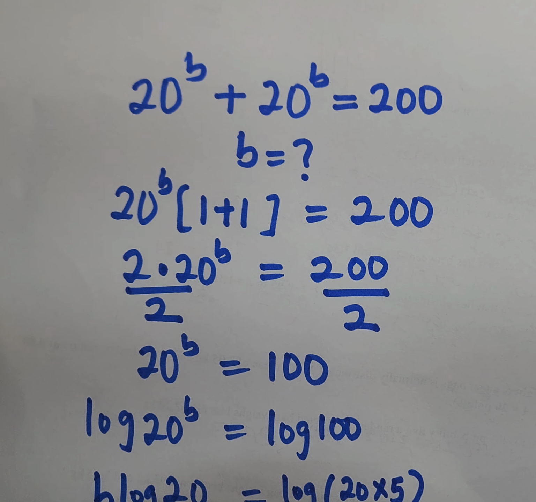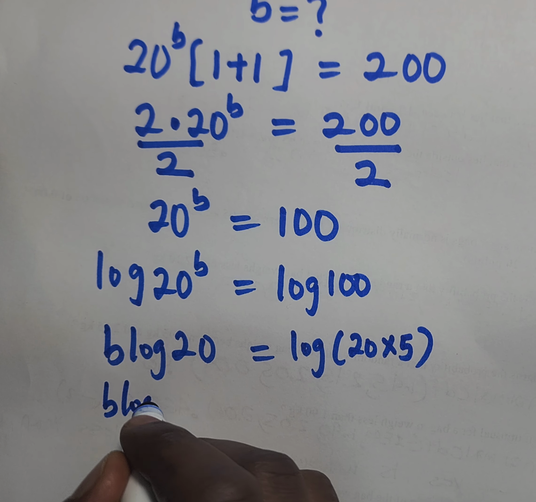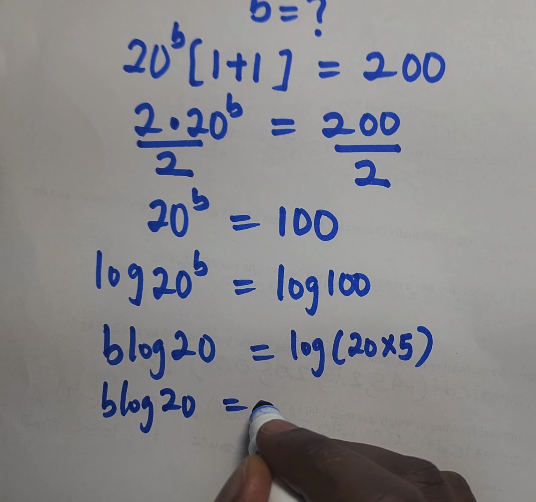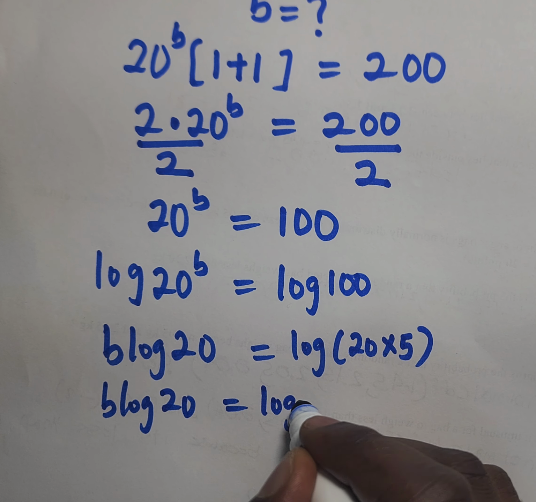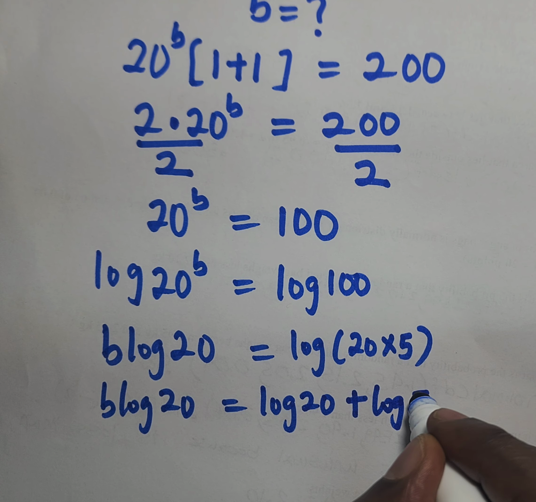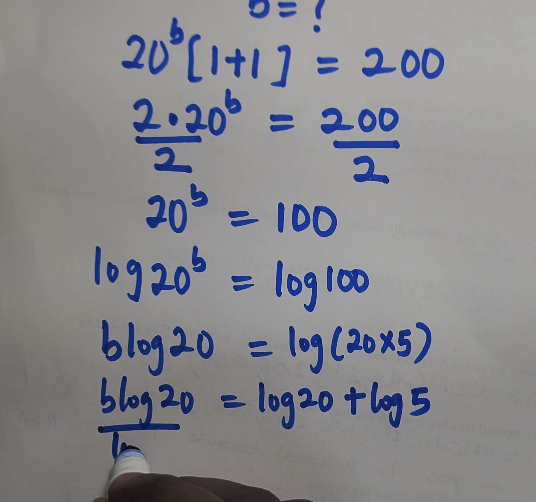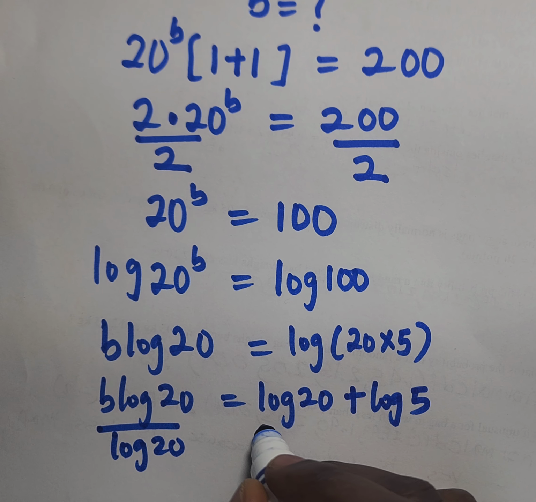So here I have b log 20 equals, this can be split as log 20 plus log 5.